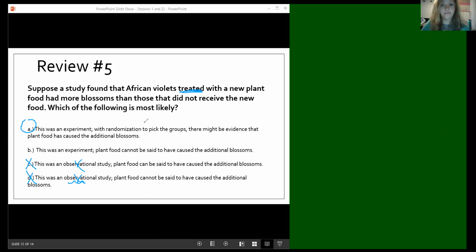Since it was an experiment, we can make that causal inference. So B is saying you can't make that inference, which is untrue because since it was an experiment, we can do that as long as it's randomized. So our answer would be A there.